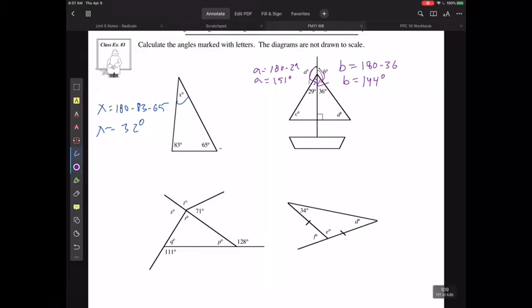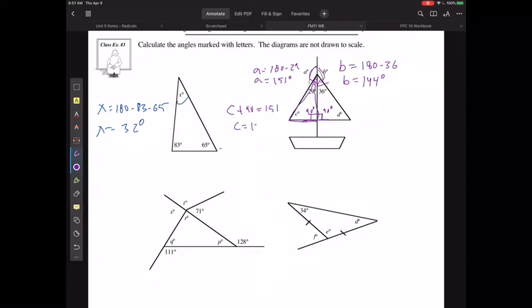I can see inside this triangle, this is a straight line. This angle is 90 degrees, so that angle has to be 90 degrees, because they're right angles. If A is the exterior angle of the triangle inside here, then C plus 90 has to equal A, or 151.